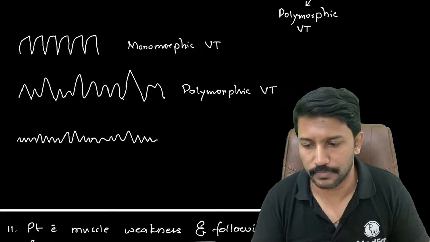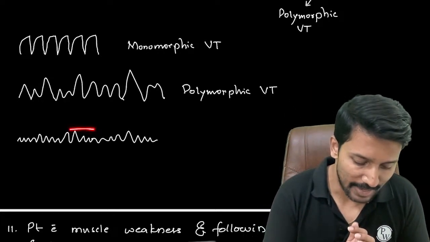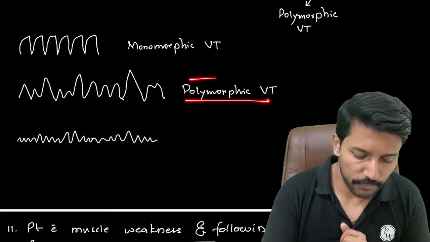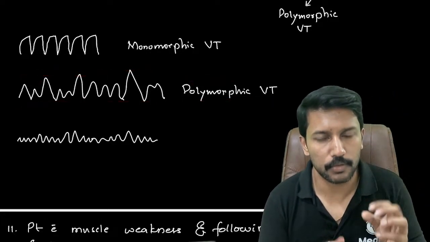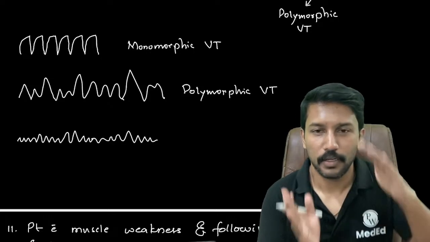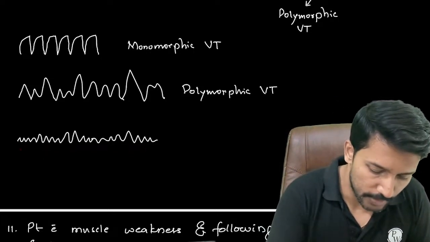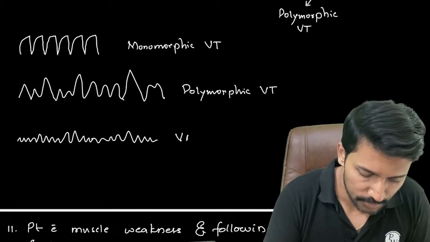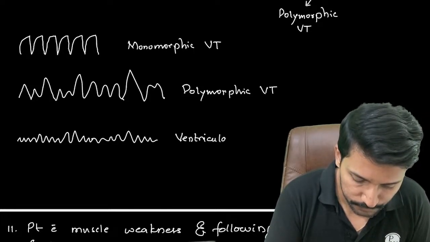So then what is the difference? The main difference is the QRS amplitude. In polymorphic VT, the QRS amplitude appears normal. When the amplitude is too small, then we call it ventricular fibrillation or VF.